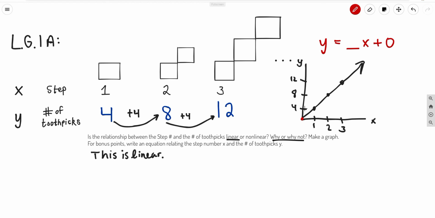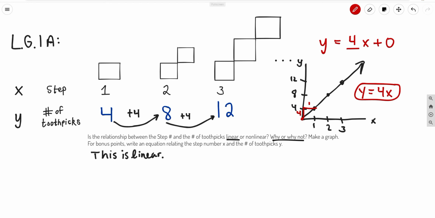And then the slope is 4 over 1. So we get 4x plus 0, or just y equals 4x. So that is the equation of this line. So of course it is linear because when we graph it we get a line. They have that constant increase of 4 for each step number.